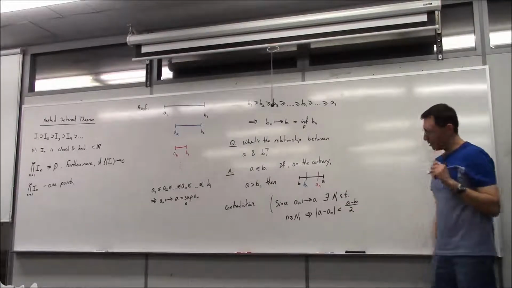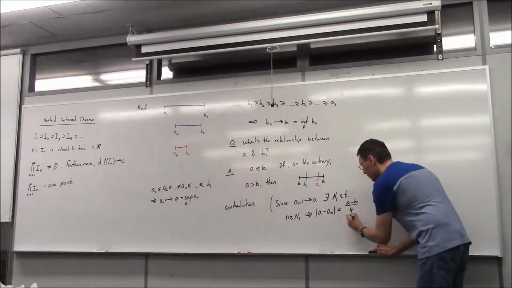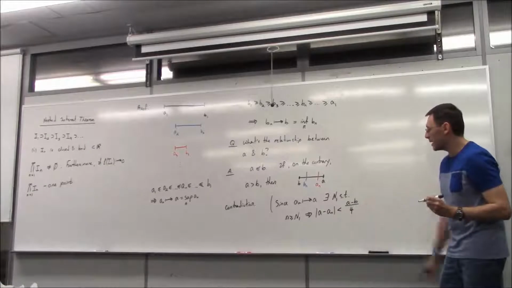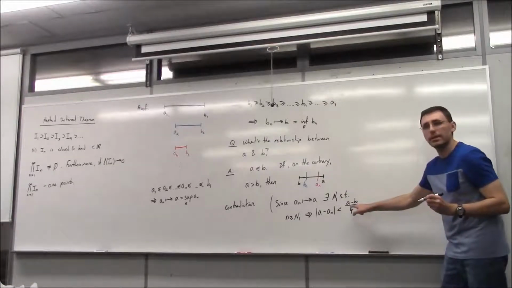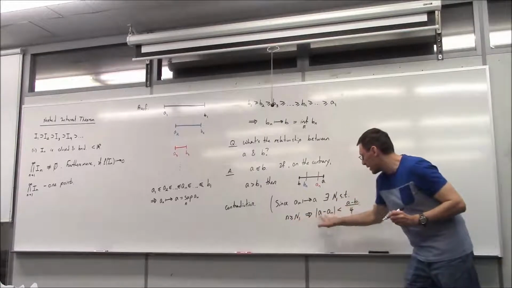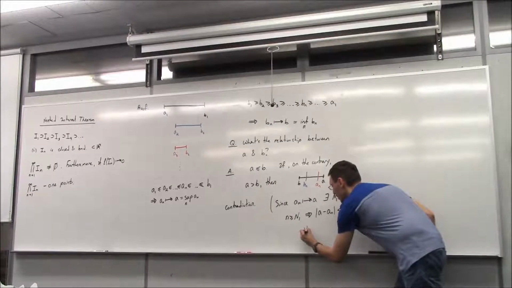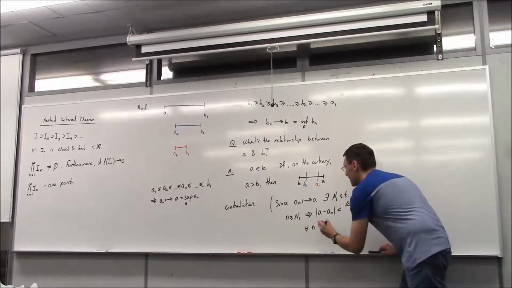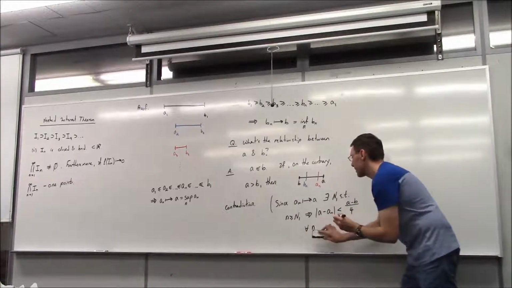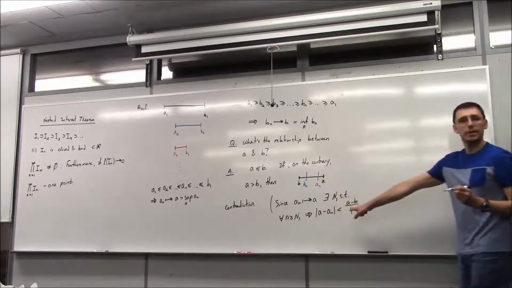If you want, you can divide by more, to give it room, let's say divided by 4. So if I assume that A is bigger than B as in this picture, then (A minus B) over 4 is my epsilon. And eventually, if N is bigger than N1, this is going to be the case, for all N.